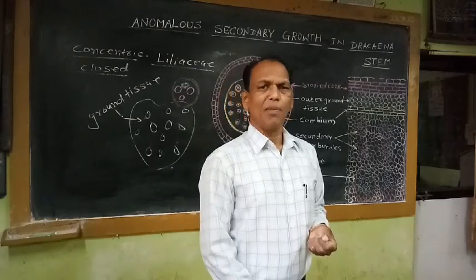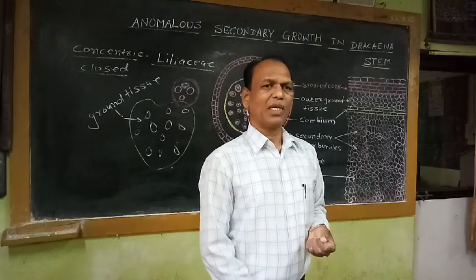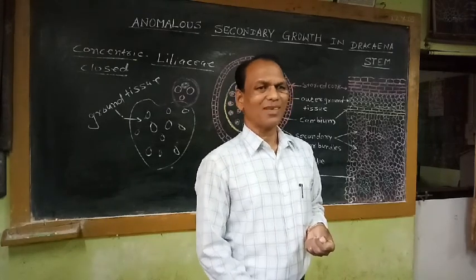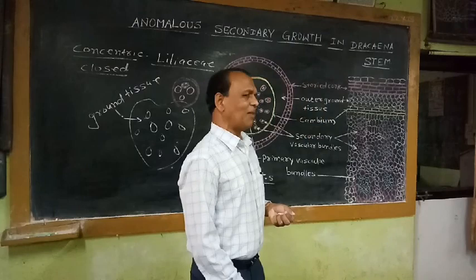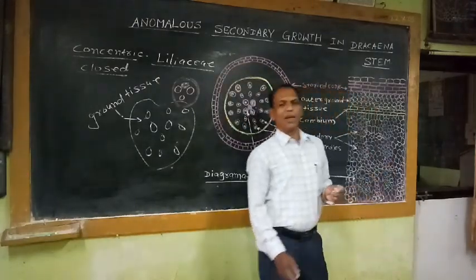In the environment, various pathogens are available in the form of bacteria, viruses, fungal spores, etc. If the epidermis gets ruptured, the pathogens also enter the inner tissue and can damage it.